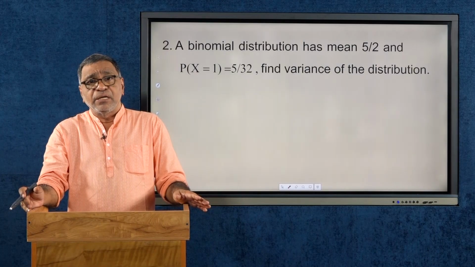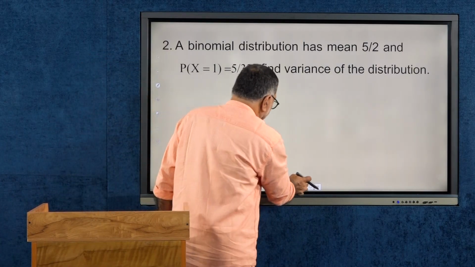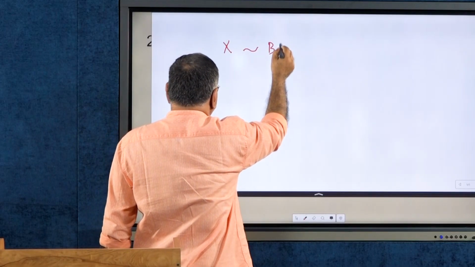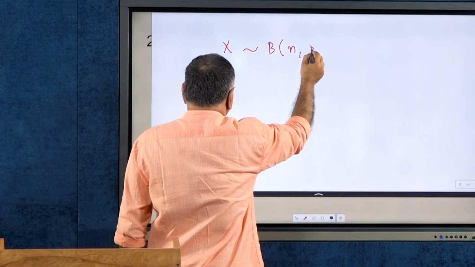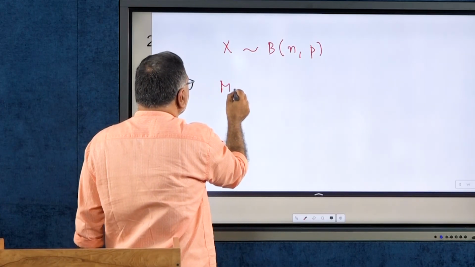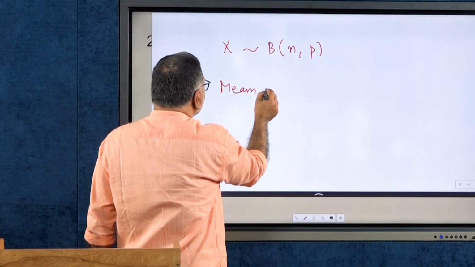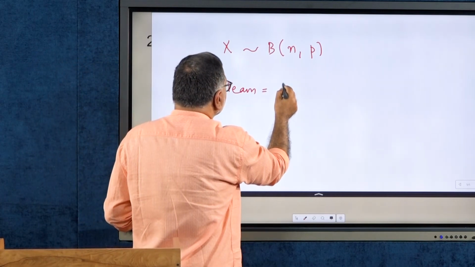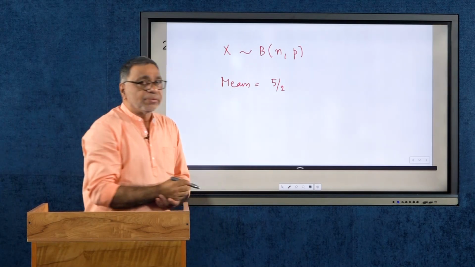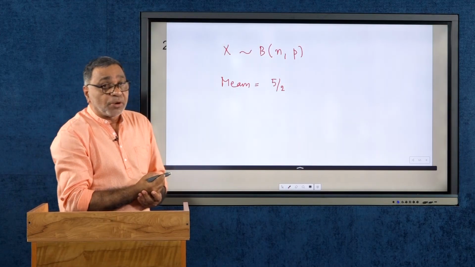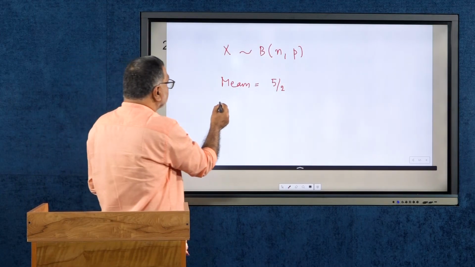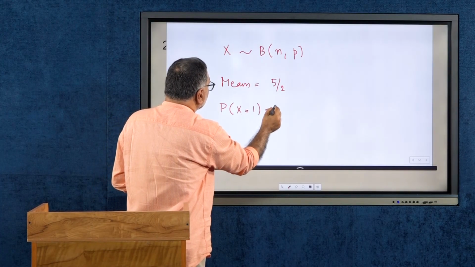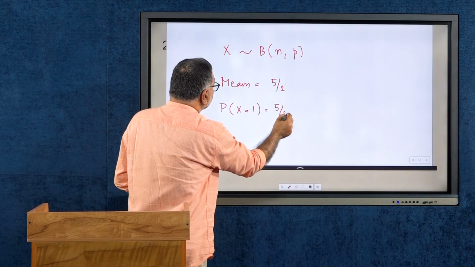So basically here also the question is, x is a binomial random variable, and you are given the mean of the random variable is equal to 5 by 2, 5 divided by 2 is given to you, and another thing, probability of x is equal to 1 is equal to 5 by 32, 5 divided by 32 is given.